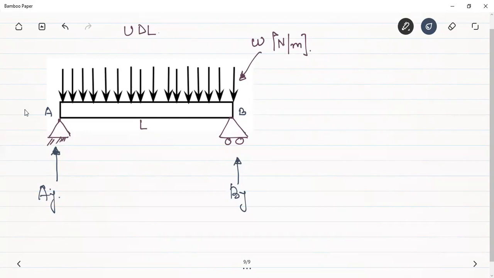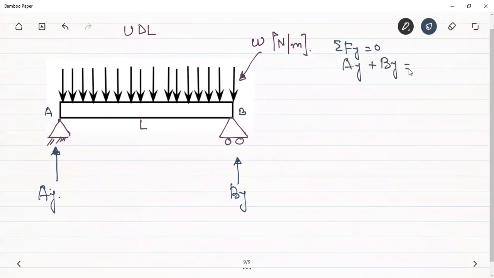For finding out the reactions, we can use 3 equations. AX is not needed, but we can use summation of the forces in the y direction to be 0. Then the forces in the y direction, this has to be equal to the net load acting on the beam.